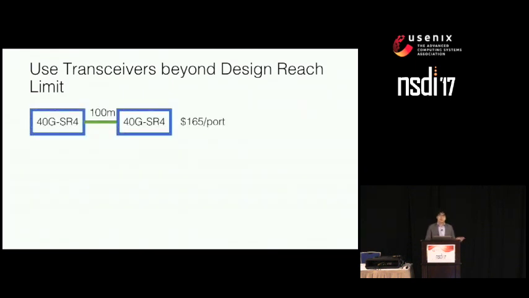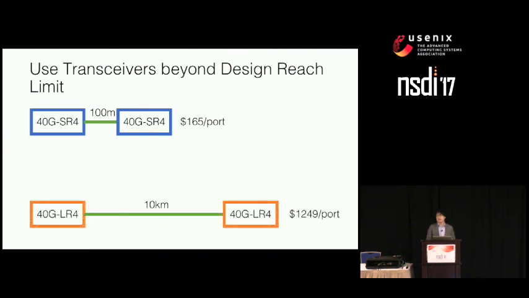In the IEEE spec, there was a short reach standard that specifies a transceiver whose reach is 100 meters, and it has a relatively low price. And there was another technology called long reach technology that can span 10 kilometers, which has a much higher price.